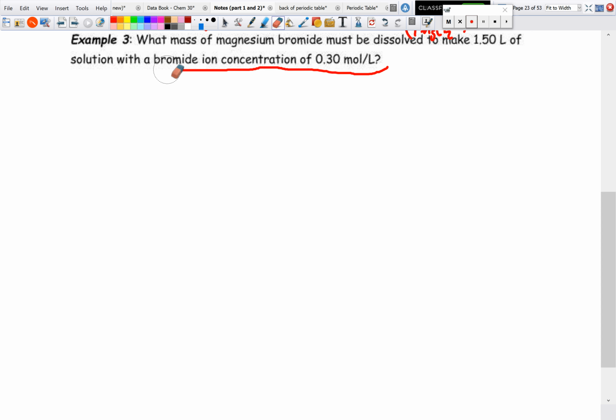Now, of course, starting off, we will need to have our balanced dissociation equation for magnesium bromide, right? Remember, we are going to have to drop and swap magnesium and bromine, but what you should get, MgBr2. That is the formula for magnesium bromide. It's aqueous. We have our arrow.